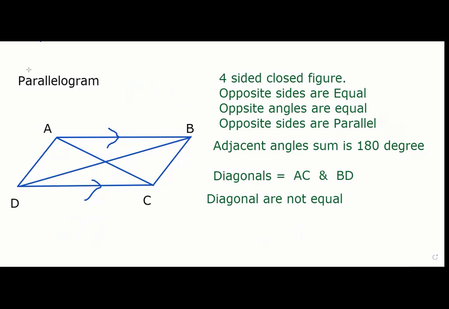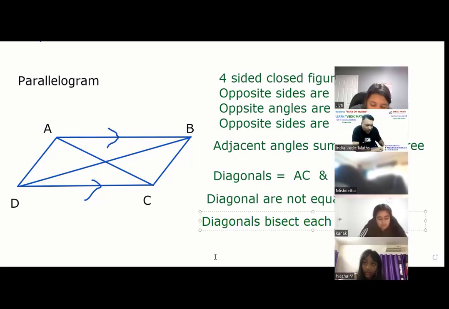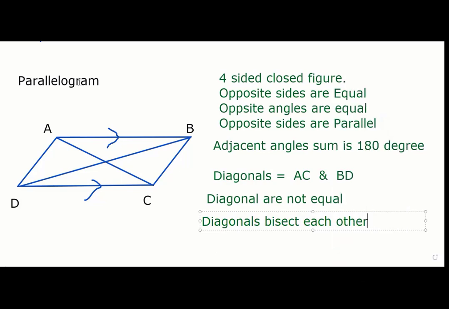Everybody write this, then I'll explain. Diagonals bisect. What does it mean, bisect? What is the meaning of the word bisect, guys, here? Yes, Dhruvansh. So it divides into two parts. No, that is intersect. Bisect means divide into two equal parts.